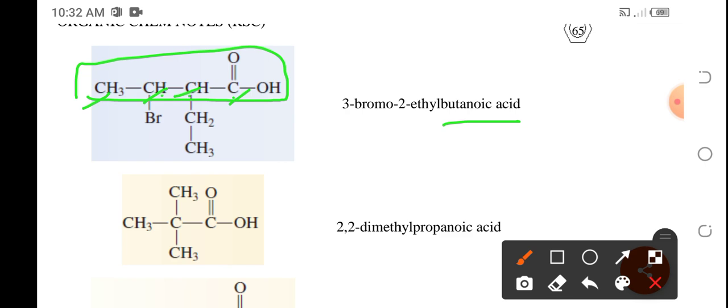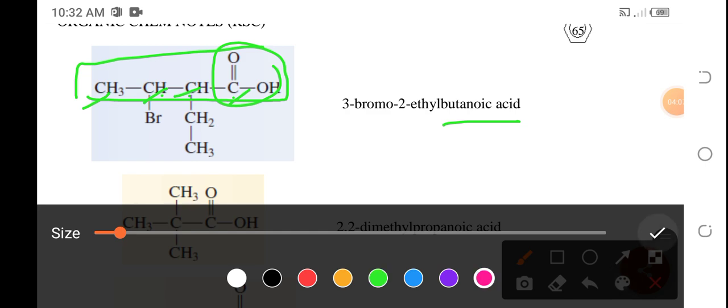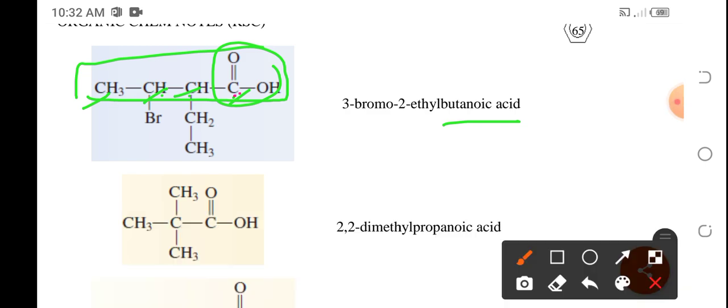But we are dropping the E because of the carboxyl group and adding OIC acid, so that is butanoic acid. Since carbon number 1 is designated at the carboxyl group, we number this from right to left, such that this is number 2 and number 3. The naming system still follows: you have to arrange the names of the substituents alphabetically.